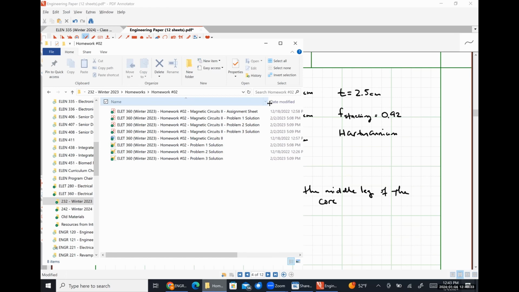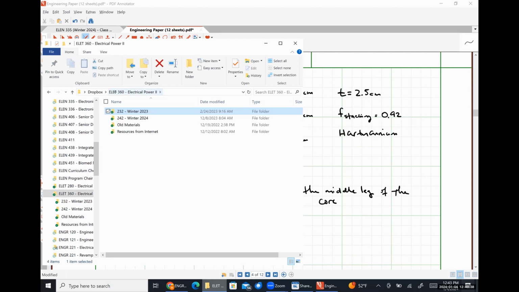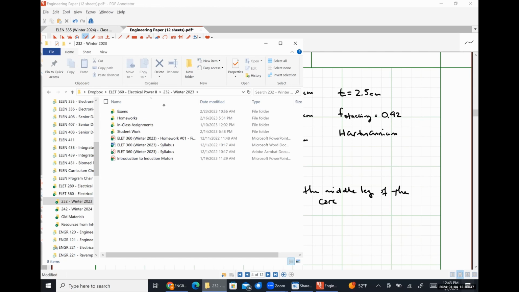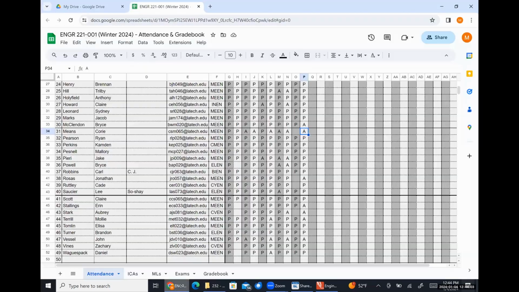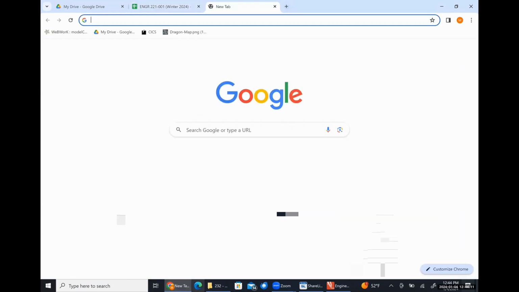Sorry, it'll take me a second to find this file. Let me see if I put it on Canvas. I know exactly what it looks like, I just don't know where I randomly saved it.